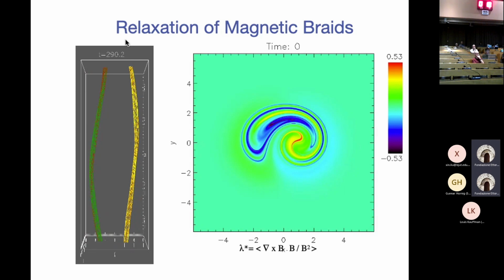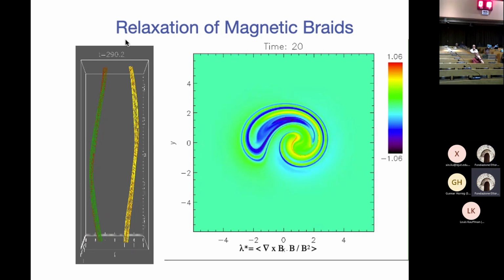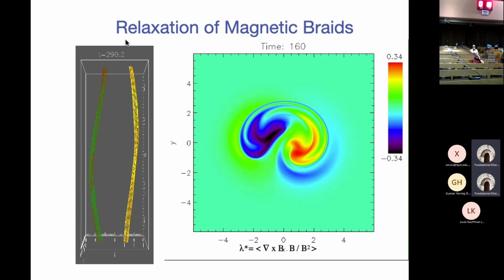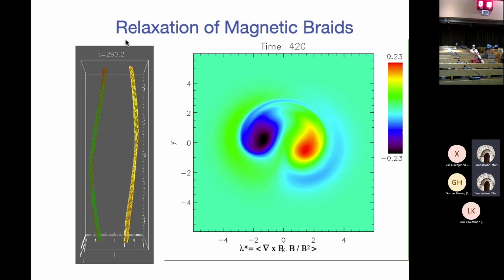And now you can see why I've chosen these particular starting points, so that you can easily recognize that there is now a simple twisted tube in the domain. And if you look at the corresponding evolution of this quantity, of this lambda star, you see the two peaks, a blue and a red one, for the positive and for the negative value of lambda star.